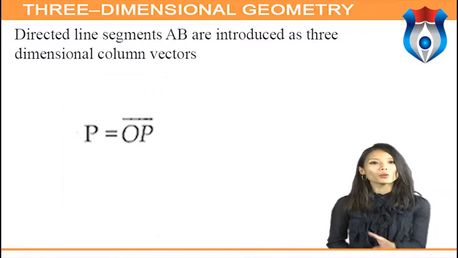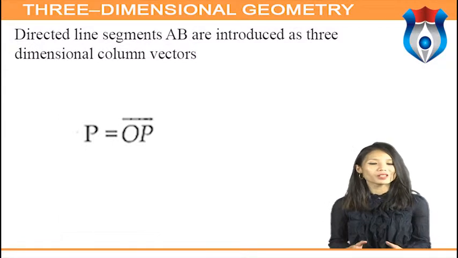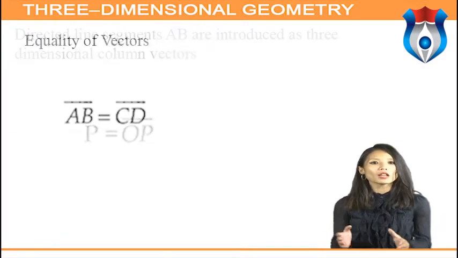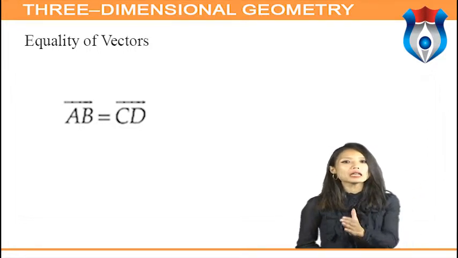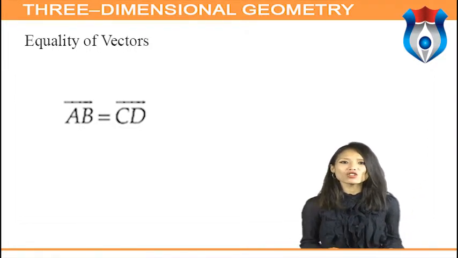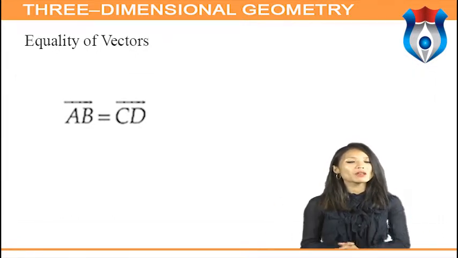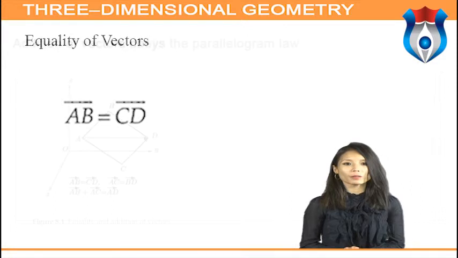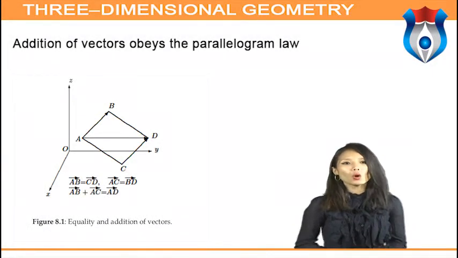If P is the point, we let P be equal to OP and call it the position vector of P. Equality of vectors: suppose A, B, C, D are distinct points such that no three are collinear. Then the AB vector is equal to the CD vector. Addition of vectors obeys the parallelogram law.